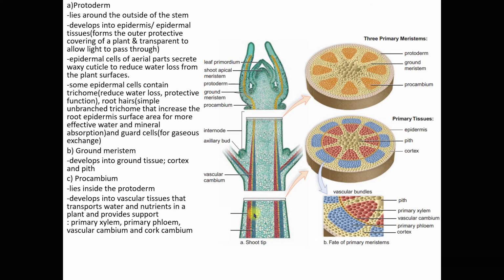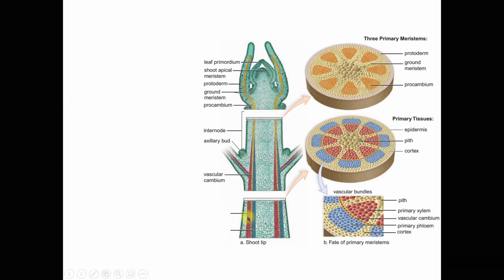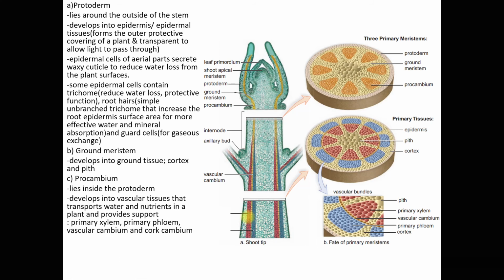This should be red and labeled as primary xylem. The red one is supposed to be blue in color, and this is the primary phloem. So this area has the wrong color. This is correct, the primary phloem, which is blue here.